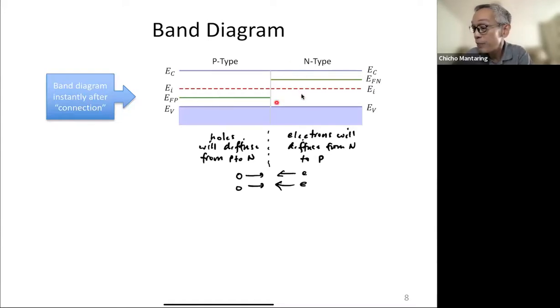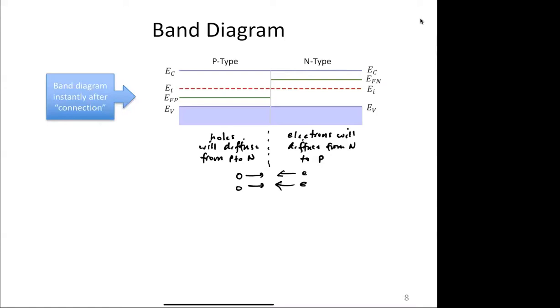Your electrons here, because this has a high concentration of electrons, here you have a lower concentration of electrons. Electrons will go to the left, no? And your holes will go to the right, no? So my question is, what do you think will happen when an electron and a hole encounter each other? Okay, yes.